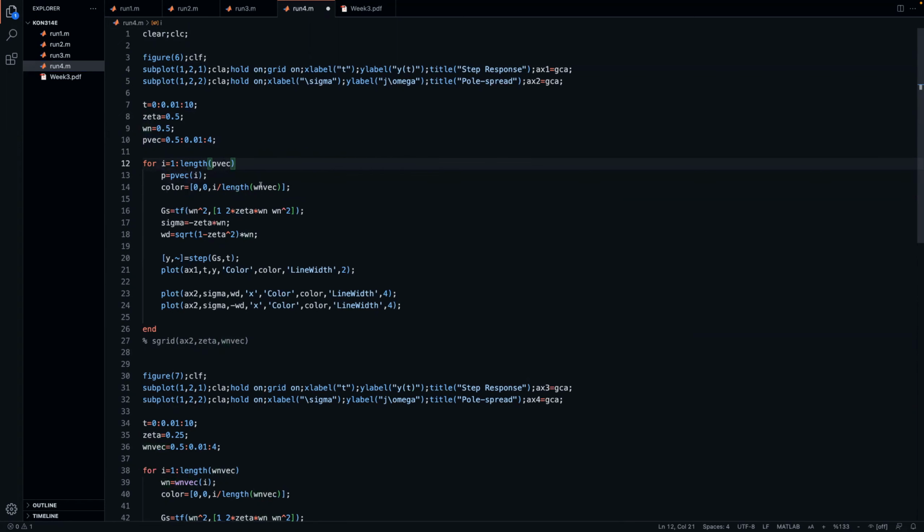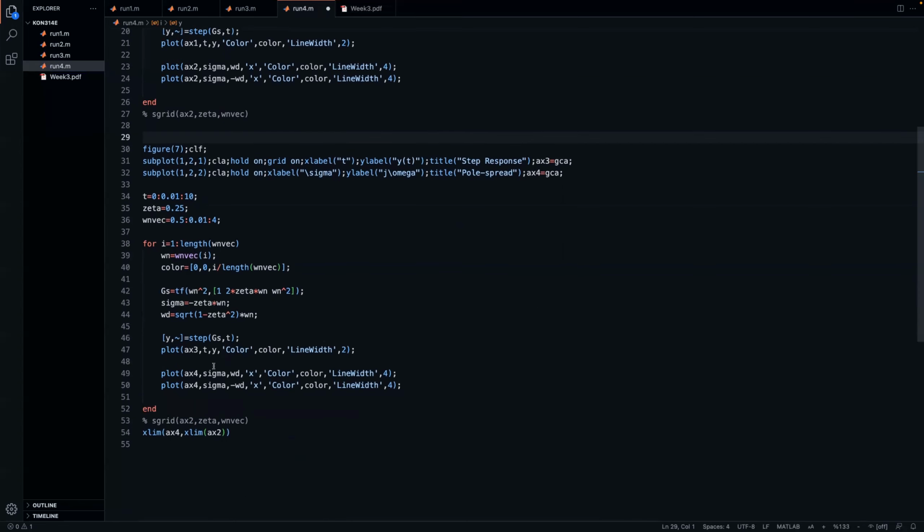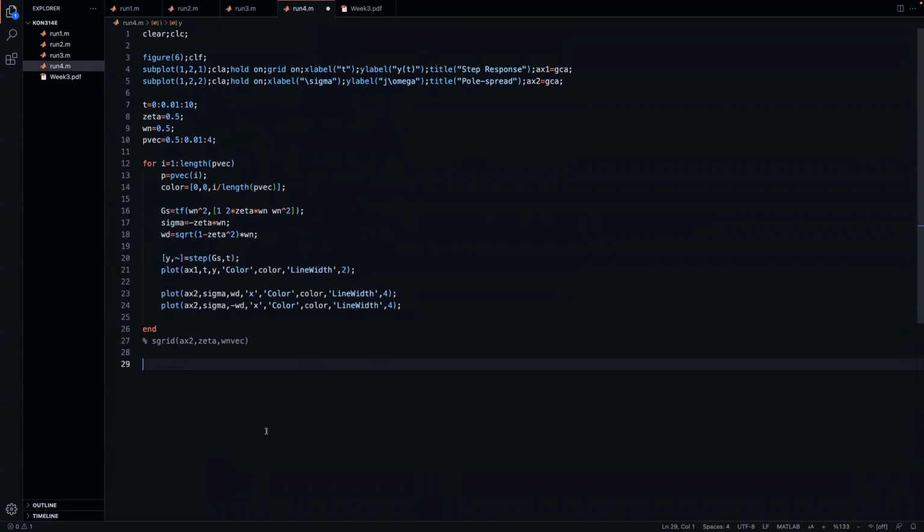That's going to be called p omega n vec. I'm just going to maybe get rid of this and copy paste the one before that. So let's have pvec. Yeah. So we'll have another pole, and these will be fixed. So I'm going to give them a fixed red color.